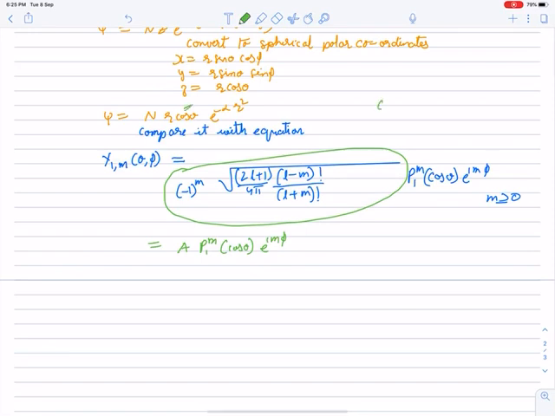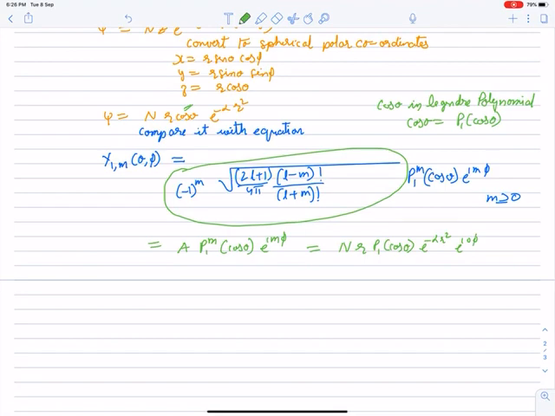Okay, if I compare it, I know cos theta in the Legendre polynomial is P1 (cos theta). So I can write this as N r P1 (cos theta) e to the minus alpha r square, and I can write this as e to the 0 phi, because e raised to power 0 is 1.